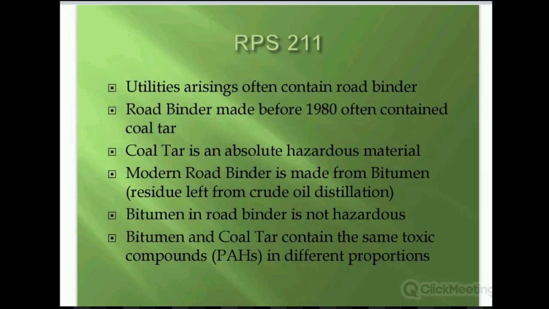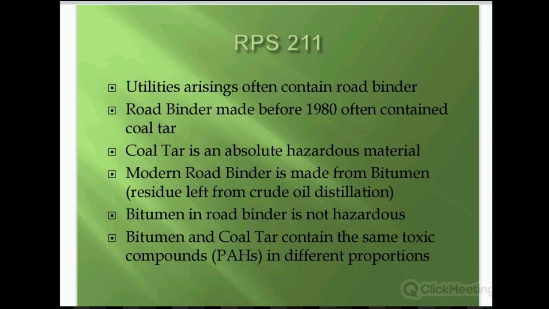Another one that crops up was a new one, RPS 211, utilities arisings. And utilities arisings often contain road binder, because that's what holds the road together. And road binder made before 1980 often contained coal tar. And the coal tar came from the manufactured gas plants, which only shut down in 1975.